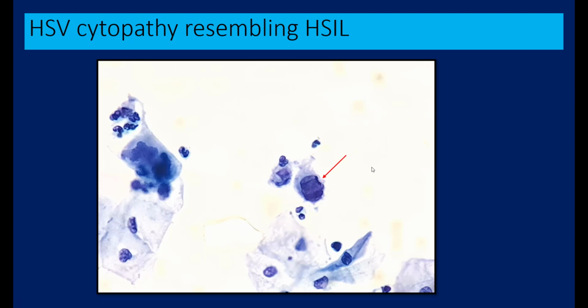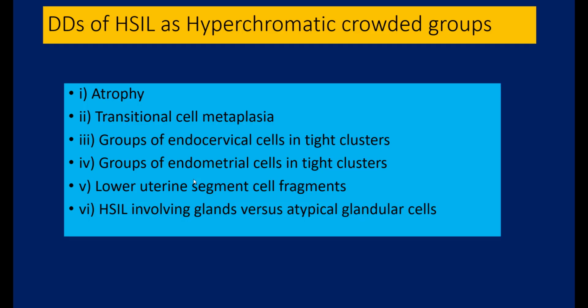So if you are not careful, you might mistake herpes simplex virus cytopathy for cells resembling HSIL, and sometimes, as I've shown in the previous lecture, if the changes occur in bigger cells, like a superficial intermediate cell, like possibly the cell over here, one might mistake it for LSIL.